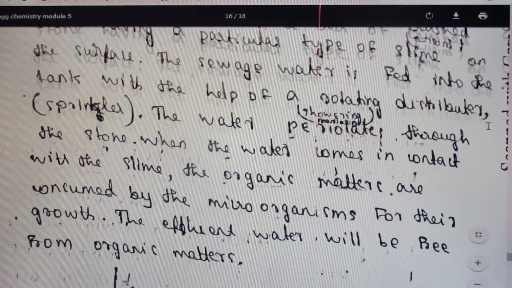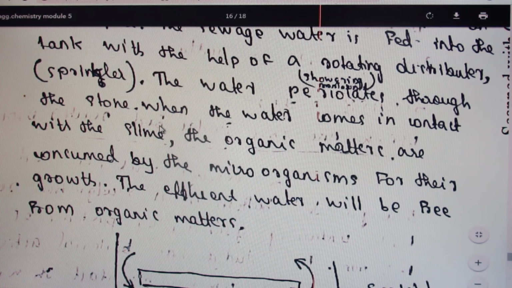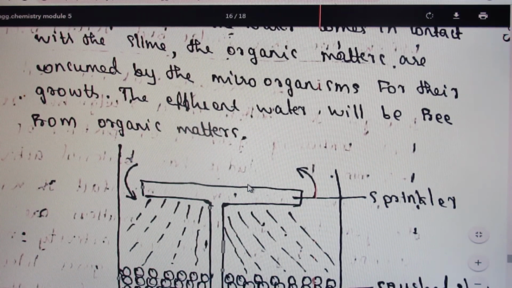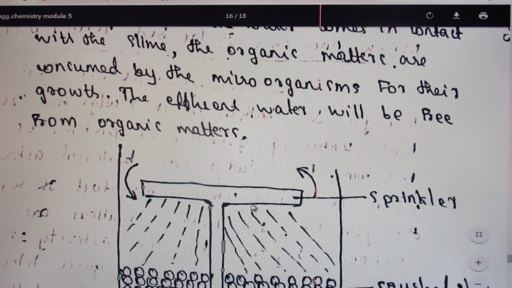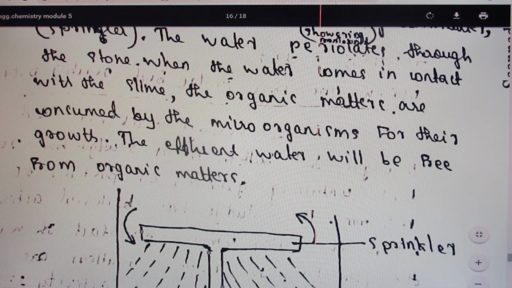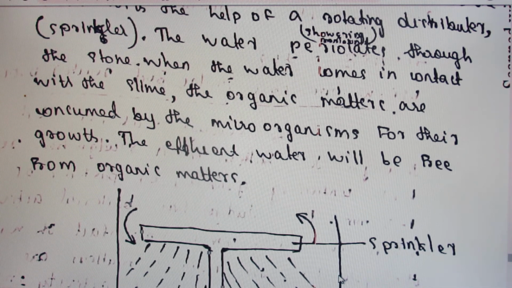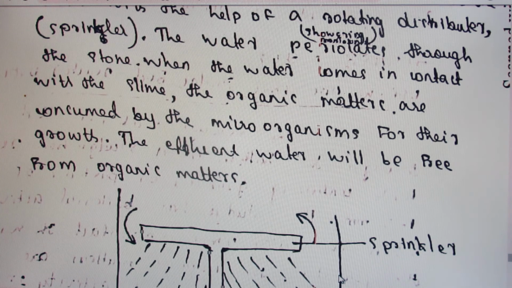Then the water is showered through the stone, and using a sprinkler we can shower the wastewater onto this crushed rocks and broken bricks. When the water comes in contact with this material, the organic matter is consumed by the microorganisms.